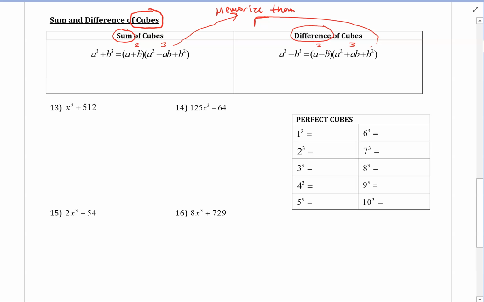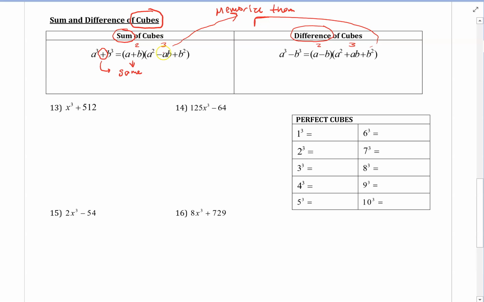Okay? Now, for the trinomial, you might notice the first sign is always opposite the sign from the binomial. So we kind of have a little acronym that goes with this. So we say the first sign, the one from the binomial, is always the same as the original problem.